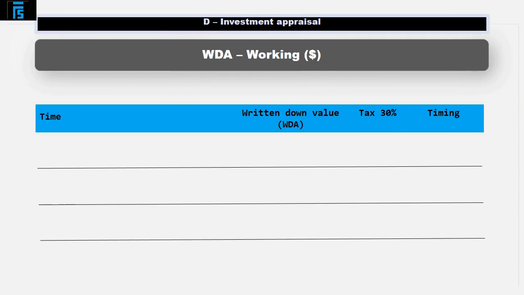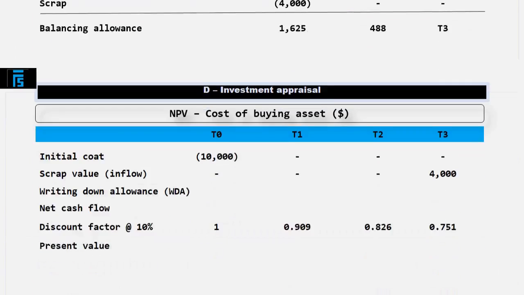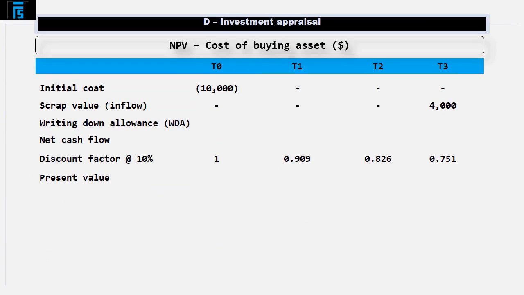We calculate the value of the tax saved as a result of claiming writing down allowances in exactly the same way as we've seen already. Headings, the first writing down allowance, the second writing down allowance, and the balancing allowance in the final year. Now, let's get that into the NPV table for the borrow and purchase option.